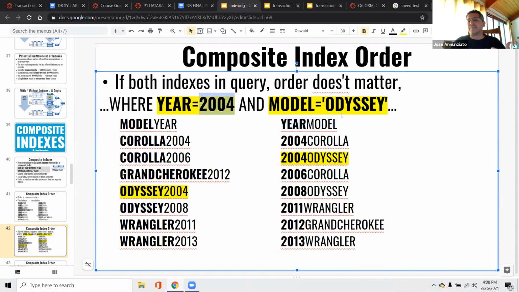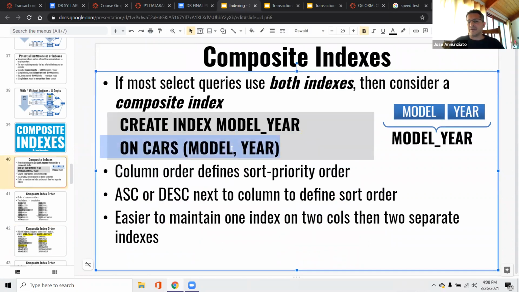It'll concatenate either year model or model year before it goes into the tree structure, going left, right, left, right until it finds the leaf.